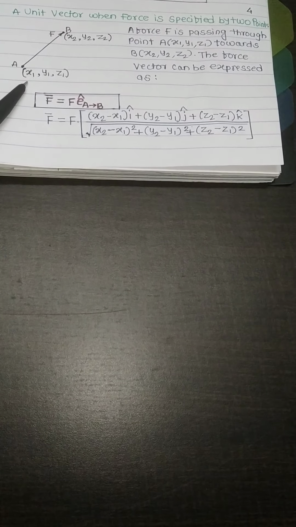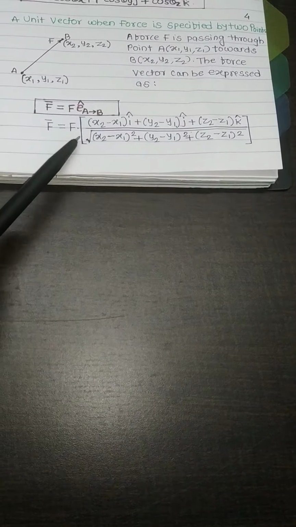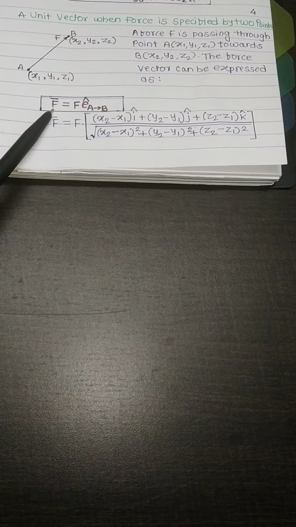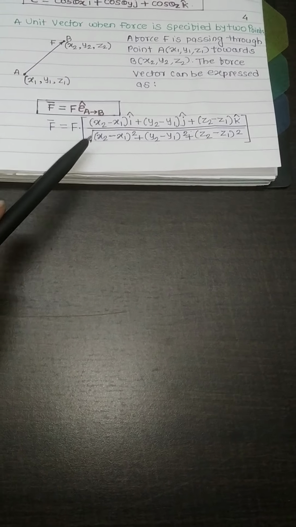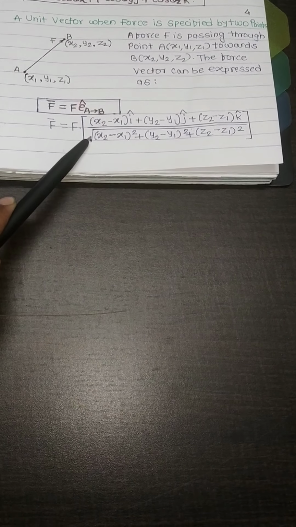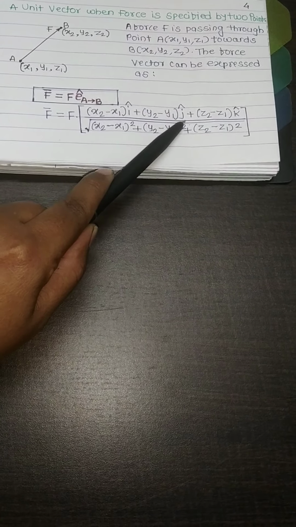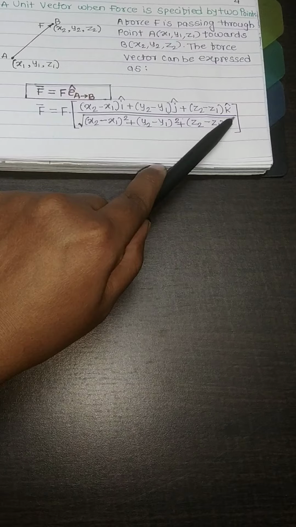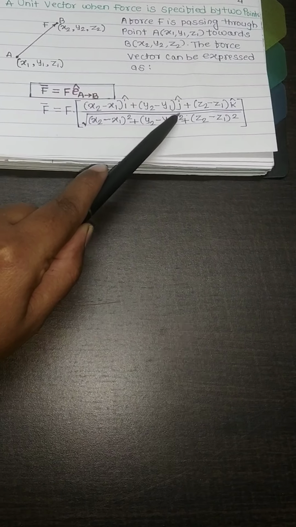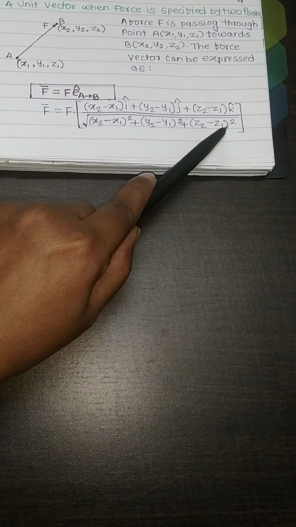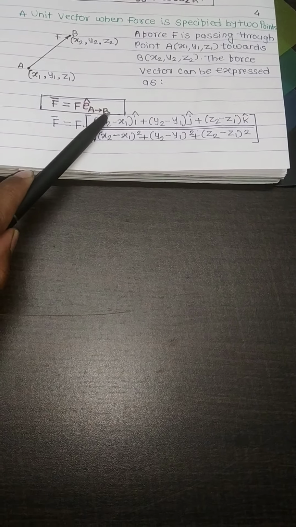For this case, a vector is passing from origin A and ends at point B. The vector F is expressed as magnitude of the force into unit vector from A towards B, and the unit vector is expressed as (x2 minus x1) i cap plus (y2 minus y1) j cap plus (z2 minus z1) k cap upon under root of (x2 minus x1) square plus (y2 minus y1) square plus (z2 minus z1) square.